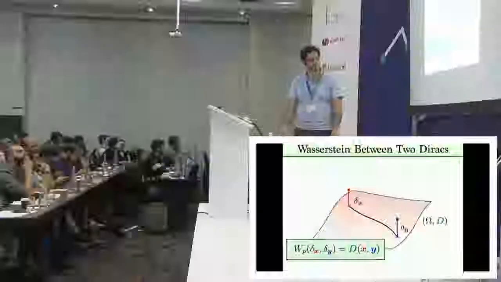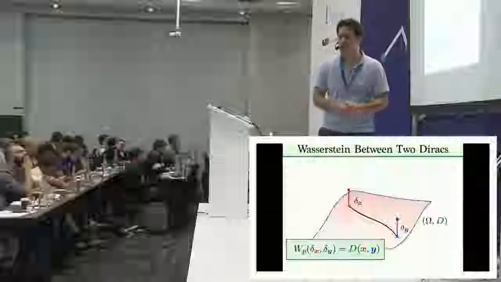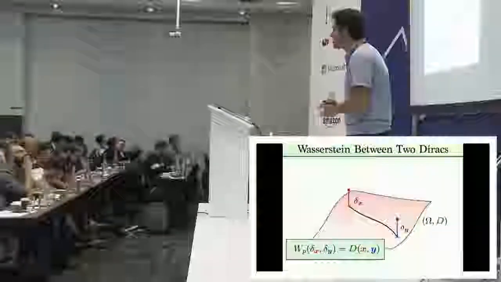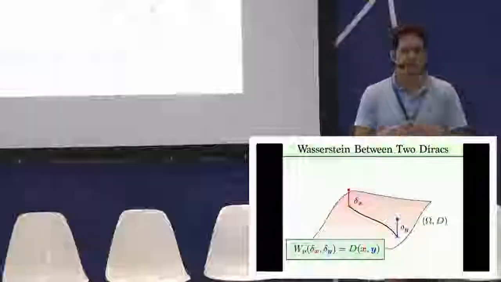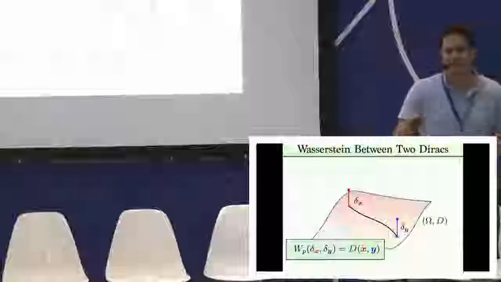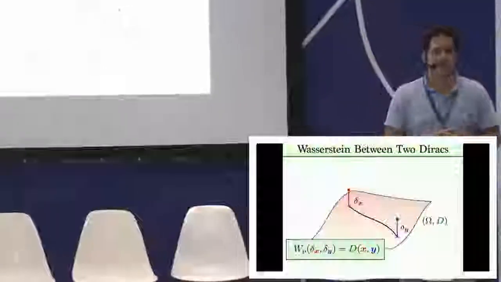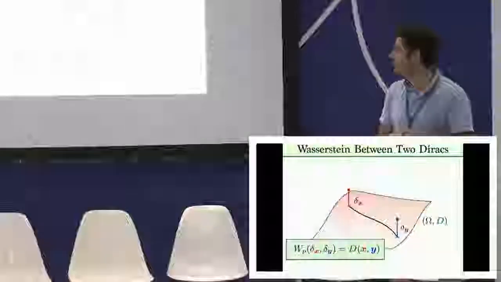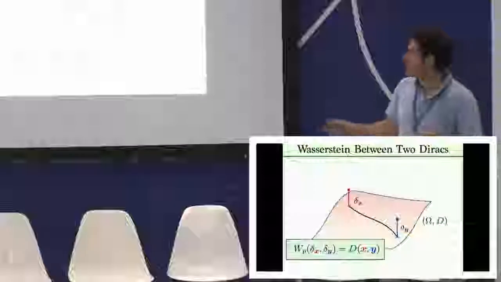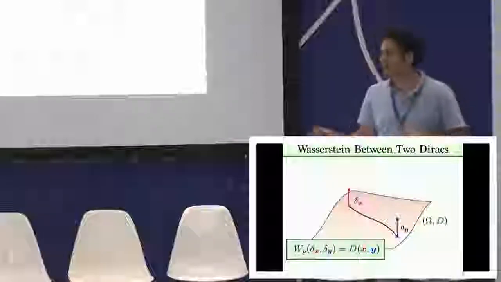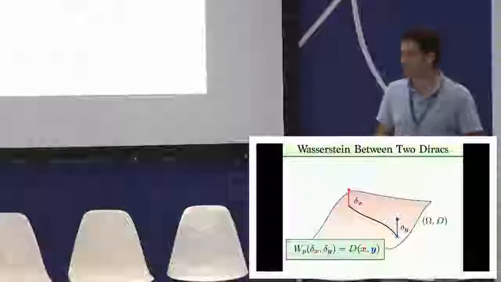Now, let's move on and try to tackle increasingly general problems. So not just Gaussians, not just univariate distributions. There are not that many examples where it's closed form, so I can get through the examples pretty quickly. There's another case where things are quite simple, and it's where you only compare two Dirac measures. Imagine I have a Dirac measure here and a Dirac measure there, and my cost is the distance.